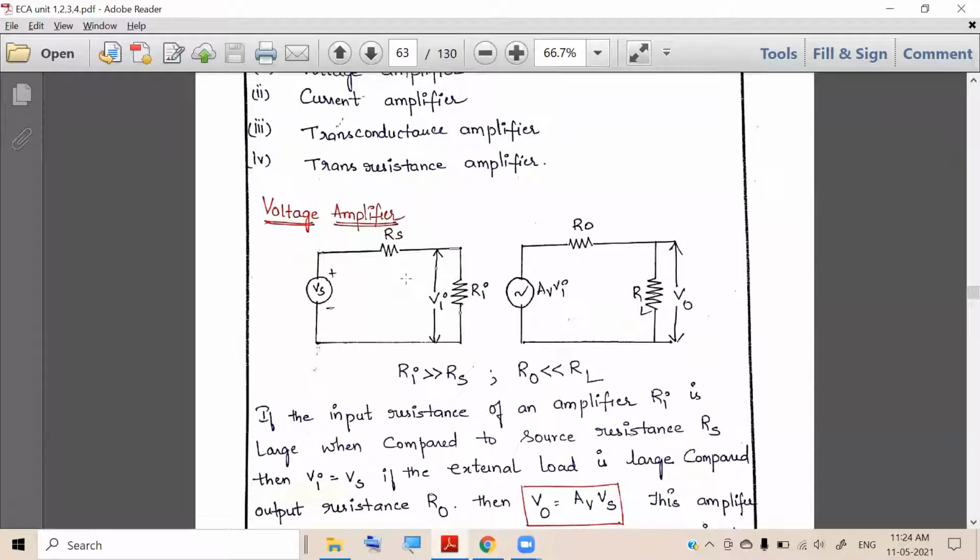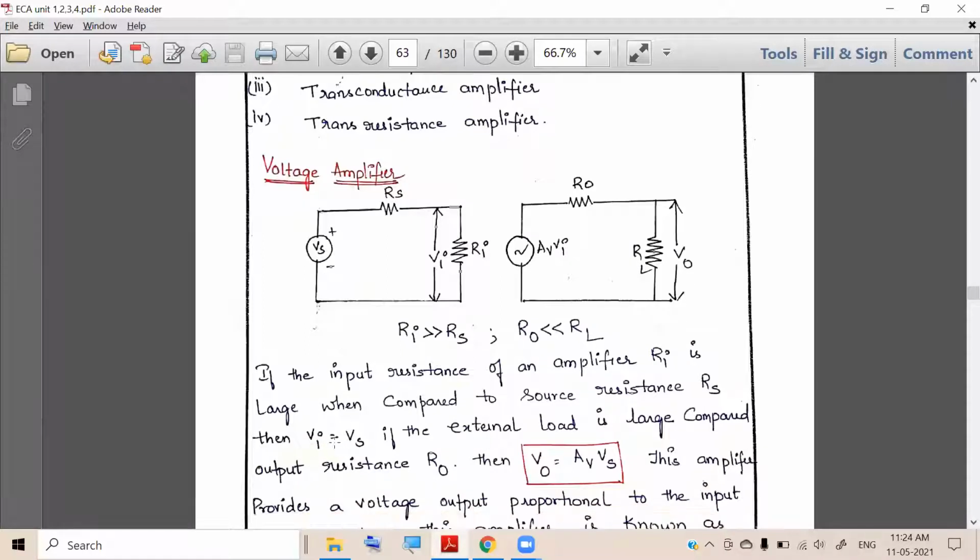Then we can say that Vi is equal to Vs. So Vs passes on here. Now again, that Vi we can see here, isn't it?